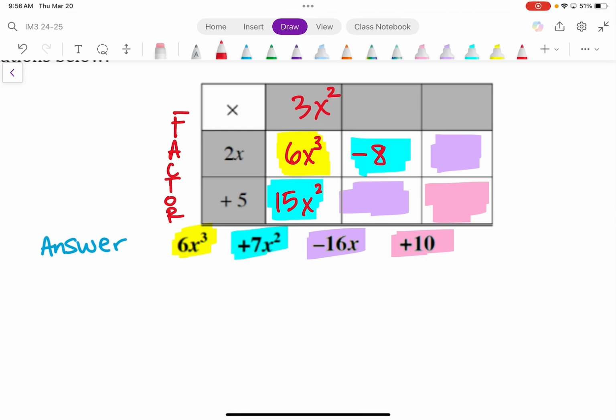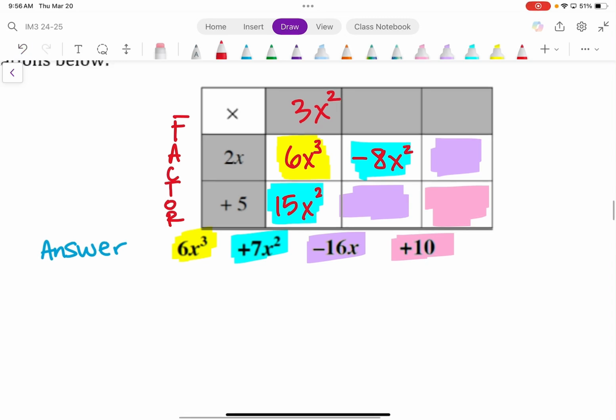Negative 8. Good, negative 8x squared. But how do I get negative 8x squared? By multiplying 2x with negative 4x. Negative 4x and 5 will give me negative 20x. And I need to add what to negative 20 to get negative 16? Positive 4x. Very good.